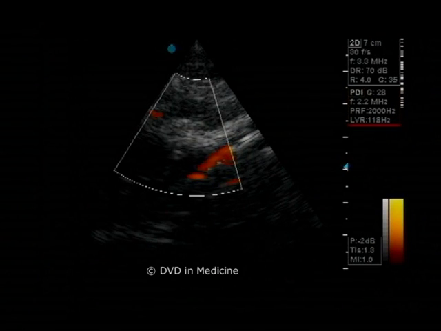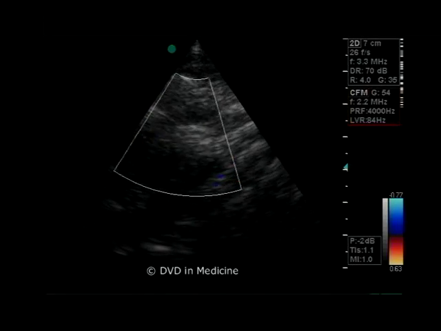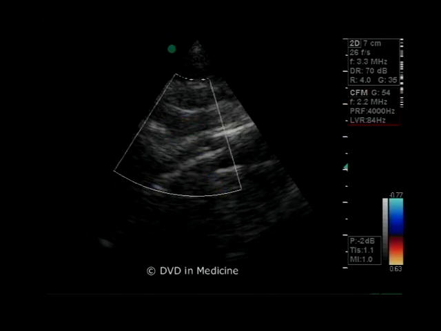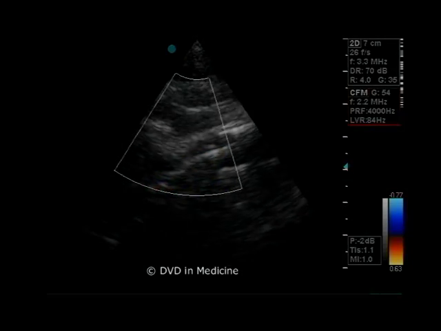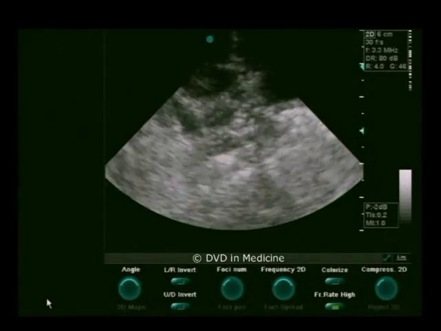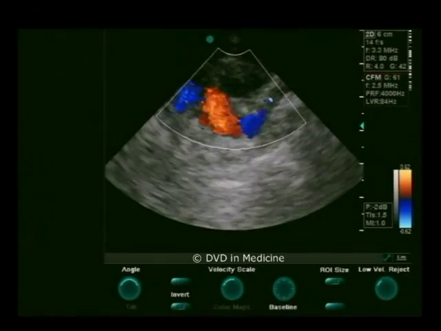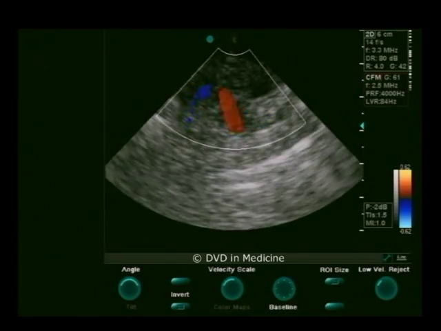Usually, one can visualize the small convexity of the internal carotid artery. If the course of arteries is deviated, one should note in the protocol the type of deviation.